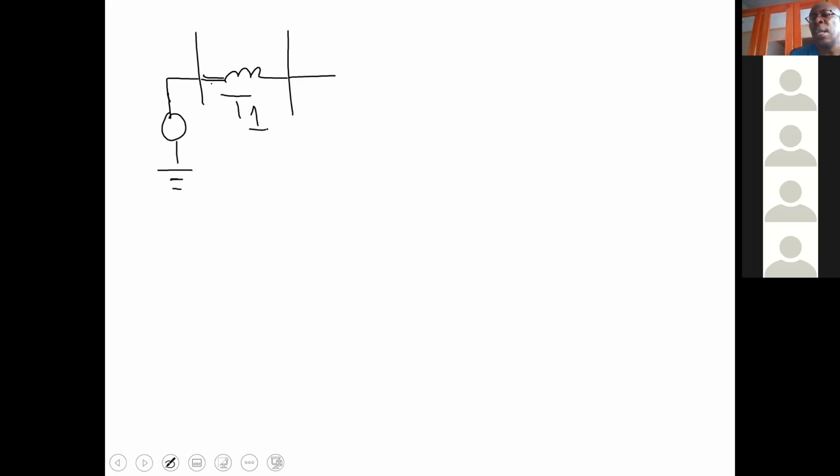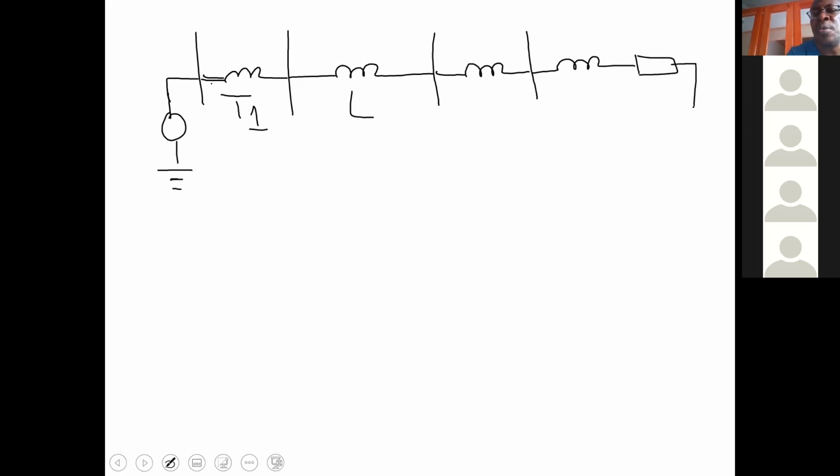And then after T1, we have the line. And then we come to bus bar 3. And from that, we have our transformer again. And then from that, we have our load.